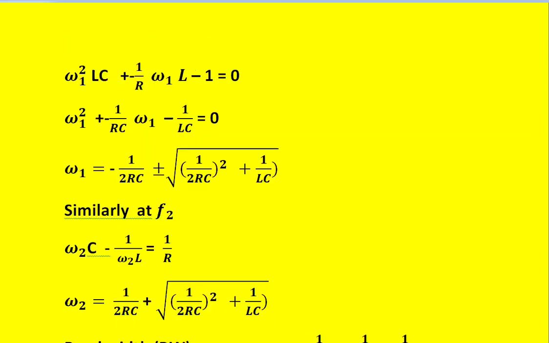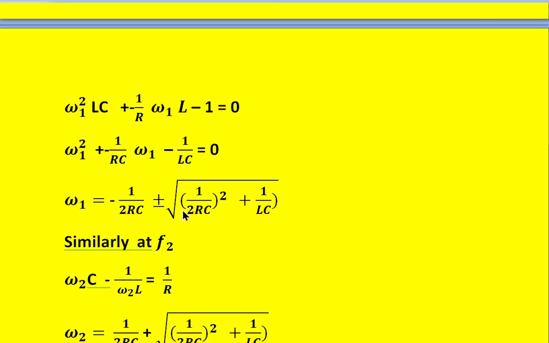Similarly, at a higher cutoff frequency F2, XC is more than XL.